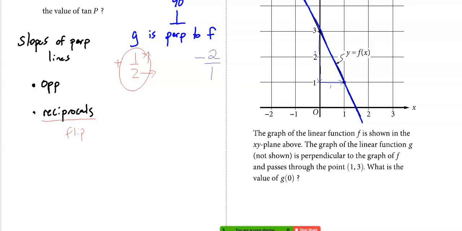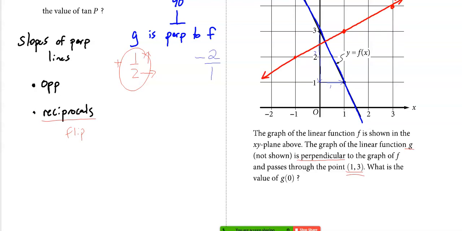And it says g goes through the point (1, 3). So if you go through the point (1, 3) with a slope of up 1 over 2, I can also go down 1 the other way too. So there's where it cuts through.